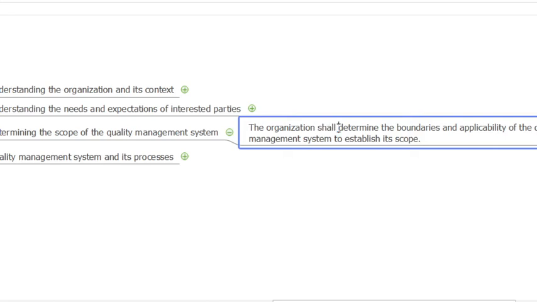It means we have to define the scope. What does scope mean? Whether the company is running multi-location or single location, what is the specific job of the department, what are the requirements, whether the company is working in marketing and sales also, in the service sector, or only in the manufacturing sector. All this will be covered here.